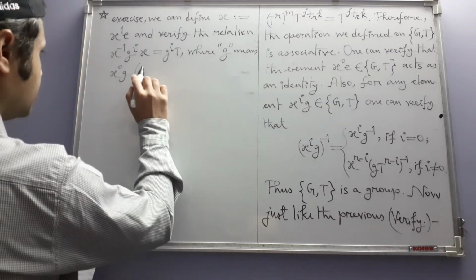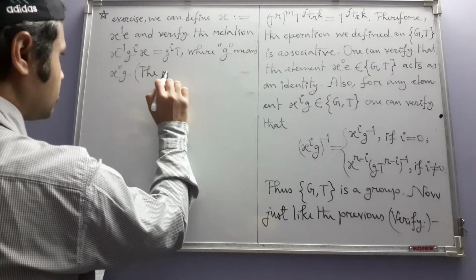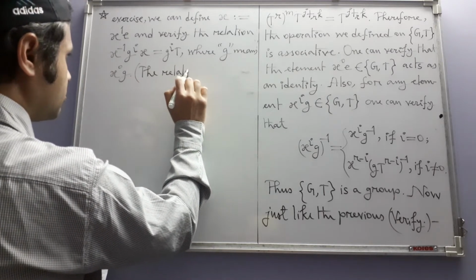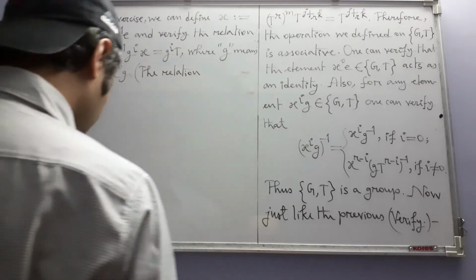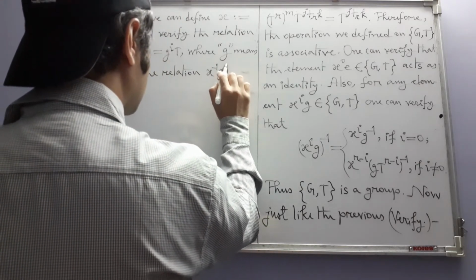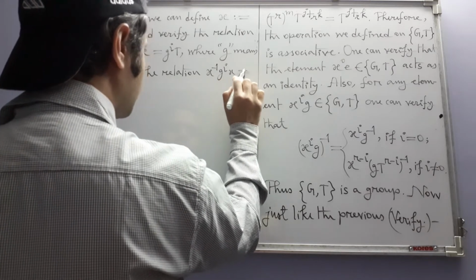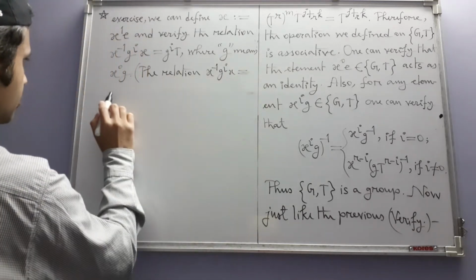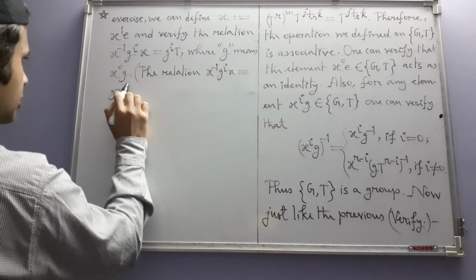The relation is wrong. It means it's a printing mistake, I think. In the text, it's given that the relation is this equal to g t to the power i.